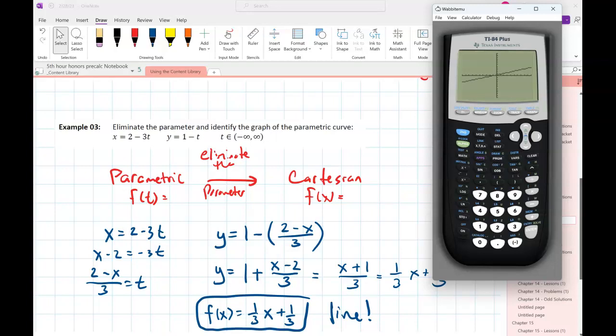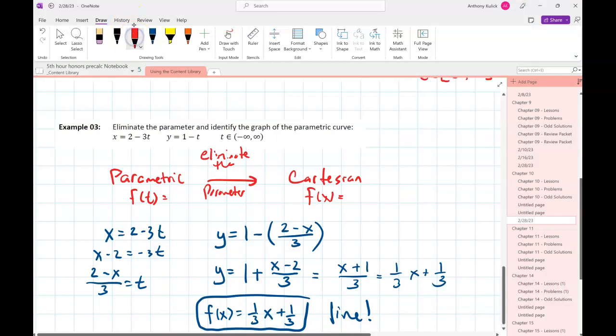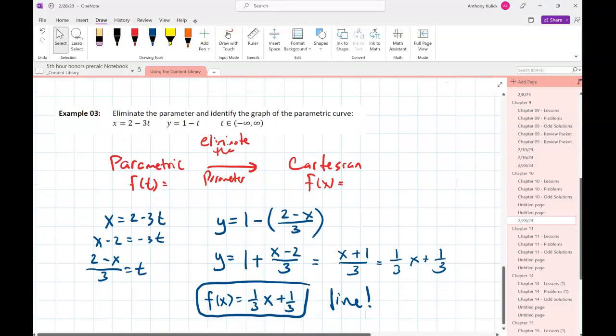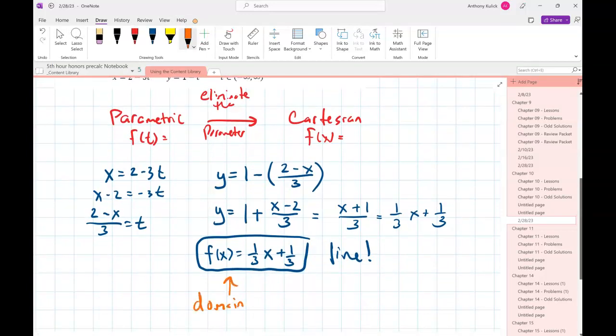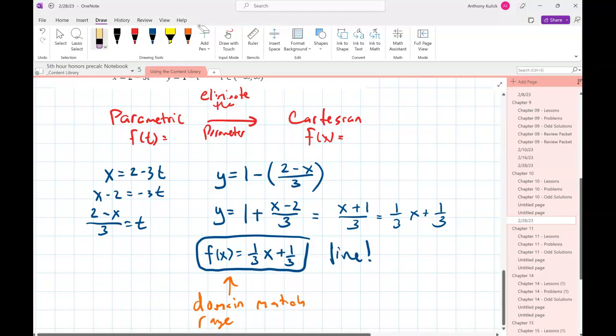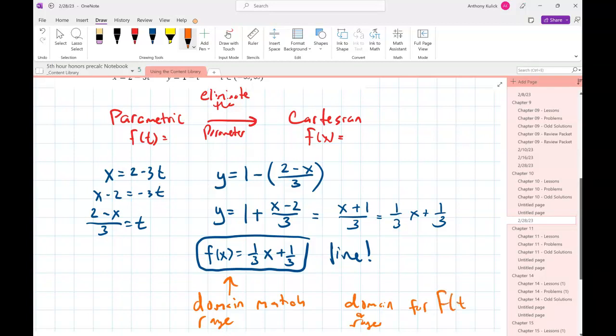The thing that we have to be careful about is the domain and ranges. So we have to make sure that the domain for this and range match the domain and range for the parametric.